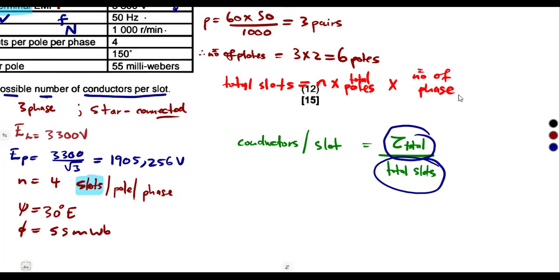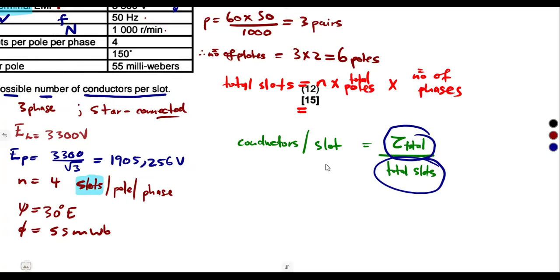You multiply to remove this per, because there is already a statement which consists of slots. You must go back to where it is written in your given information, provided it is given. In our case, we have that part. So we are just going to remove those per pole, per phase by multiplying by those. So that is the condition.